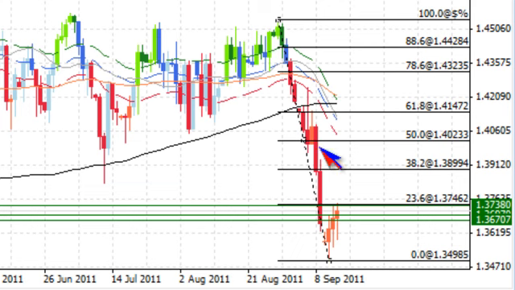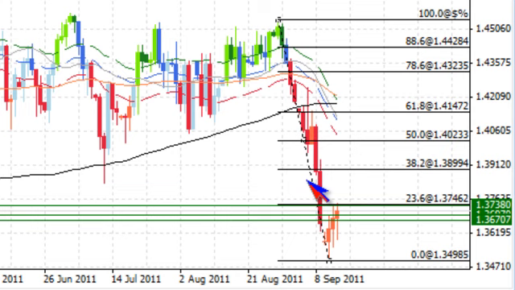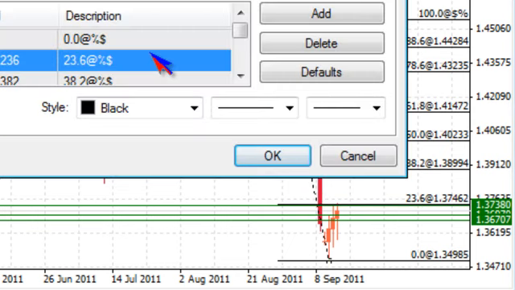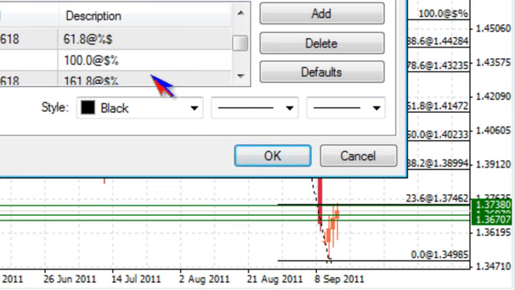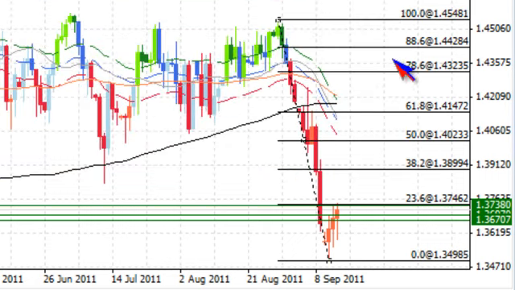Alright, did I do that right? Apparently not. Oh, at percent, oh, I did it backwards. At percentage dollar, and you can see the high that I pulled the Fibo from was 45.48.